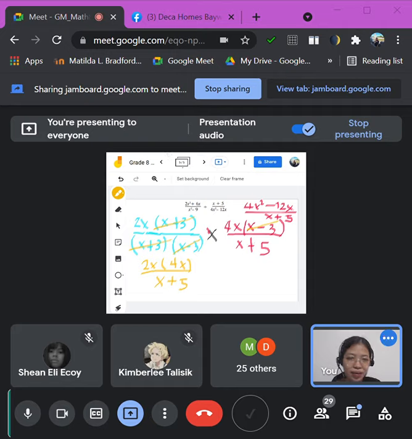Okay. So, mao na lang ba siya ang atong final answer? Actually, if naay choices, kani atong pilion. Pero, we can still simplify that one, 2x times 4x, that is 8x squared over x plus 5.